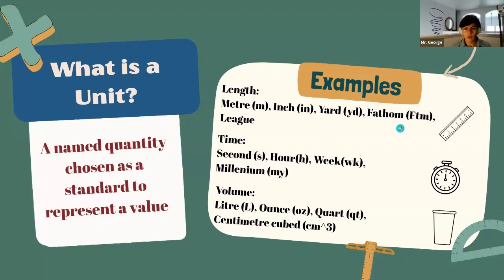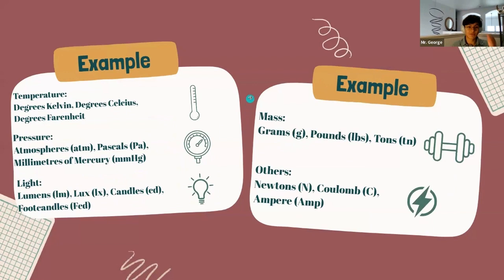So we can go to more examples of different types of dimensions. They can be temperature, pressure, light, mass, and other completely different things. For temperature, we have different scales: degrees Kelvin, degrees Celsius, and degrees Fahrenheit. Who can tell me what scale we use here in the United States for temperature?